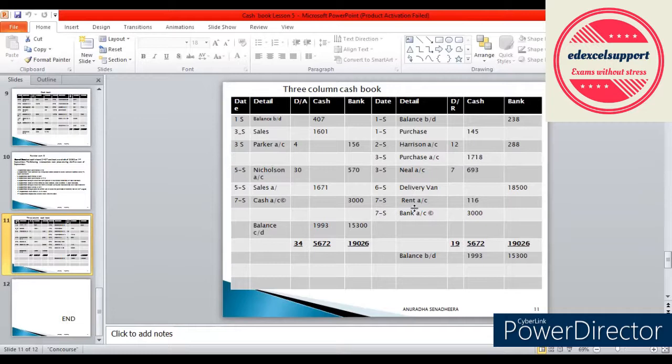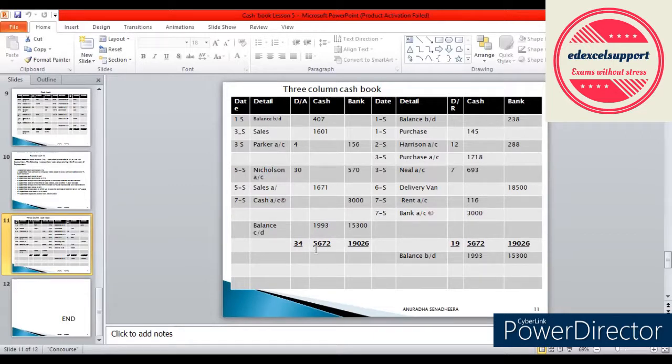So that's the way we record a 3-column cash book, and you take the total of the discount column, total 34 here and here 19. You're not going to balance off them. But when you go to cash columns, you have to balance off in the bank columns. So cash column, you can see the highest side is the credit side.